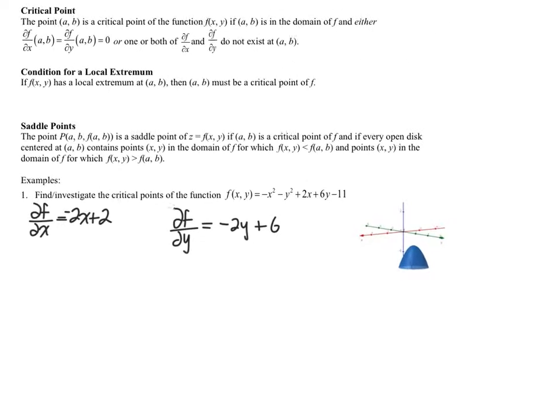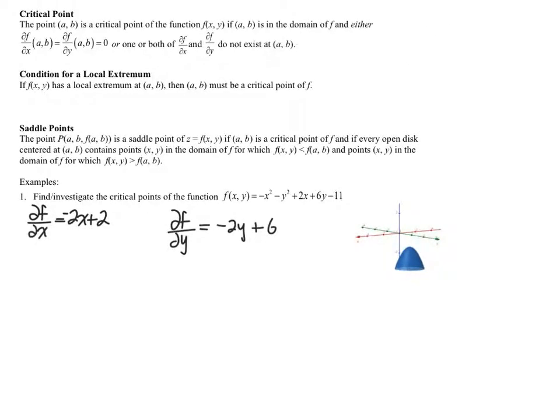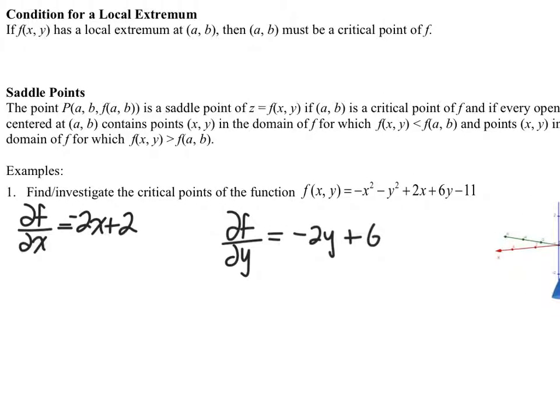All right. So again, just going back to the definitions, if you have a point for which the partials are equal to 0, that would give us a critical value. If you have a point for which the partials do not exist, then you would also have potentially a critical value. So what I can do is set each of these equal to 0. Classic Calc 1 maneuver.